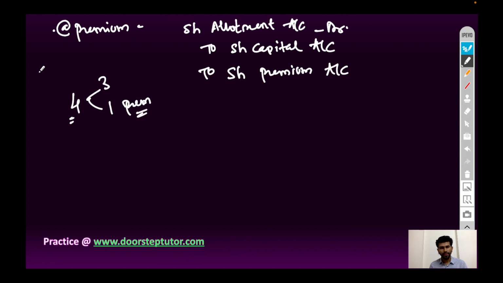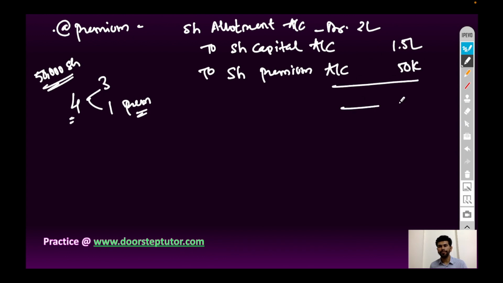and 50,000 shares are issued, then share allotment account debit 50,000 into 4, 2 lakh. To share capital account 50,000 into 3, 1.5 lakh. And to share premium account 50,000 into 1, 50,000.